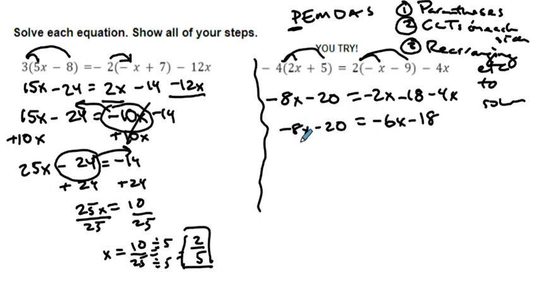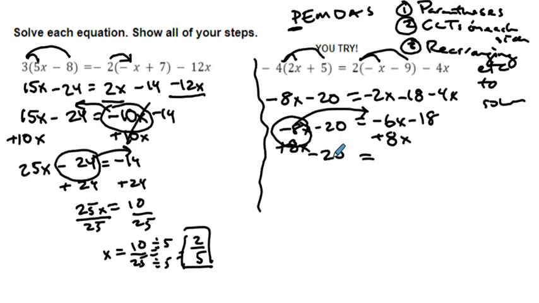All right, which side do I have more on? Well, I have more on this side. So I'm going to move my negative 8x over here by adding 8x. Sorry, I should probably show that step. There we go.